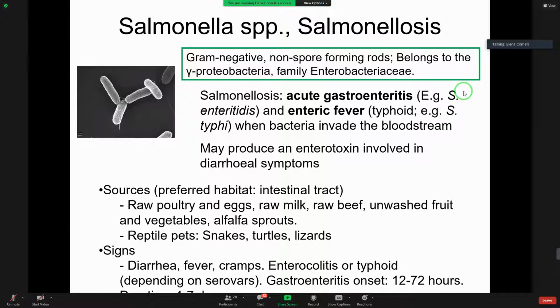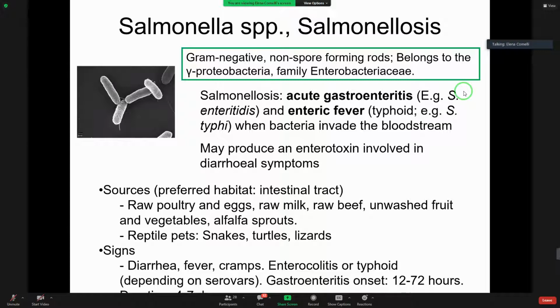Hence the contamination of food and water with Salmonella is essentially the fecal-oral route. Again, it is common in poultry products and eggs, raw milk, raw beef, unwashed fruits and vegetables, or those that are washed with contaminated water.